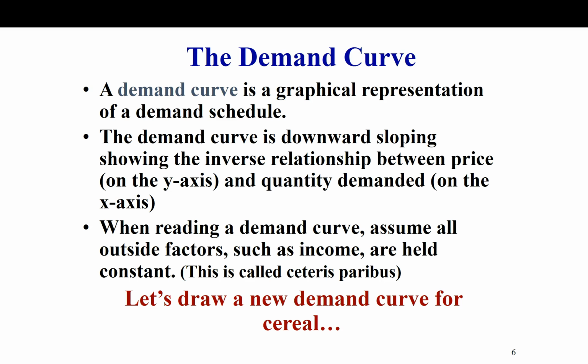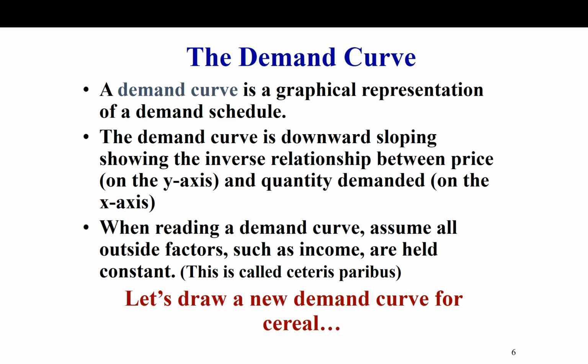Because we understand that lots of things influence our willingness and ability to buy something. But because we're examining just the relationship between price and quantity, we want to eliminate all those distractions and look only at that relationship when we're contemplating demand. So keep that in mind. We hold all outside factors constant as we're looking at the demand curve.